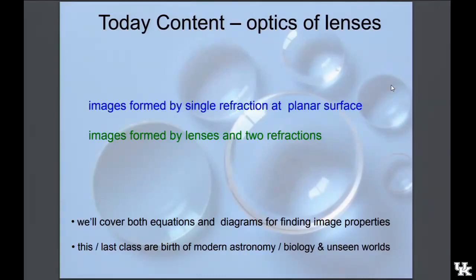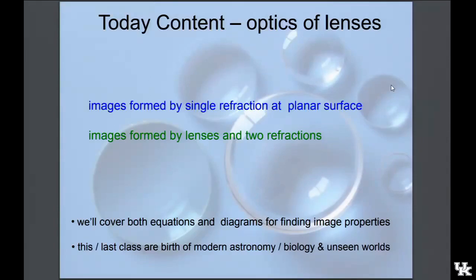We'll look at that example of images formed by refraction. As we work through the examples today, we'll both be drawing or sketching, ray tracing the images of the objects and looking at their properties. And we'll also be calculating, computing with equations the properties of the image and the nature of the image.